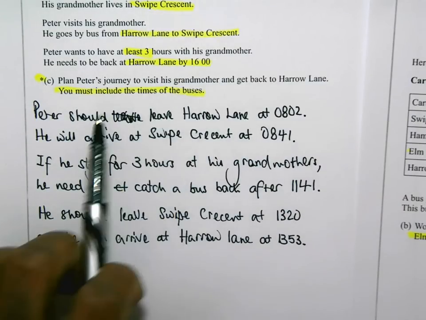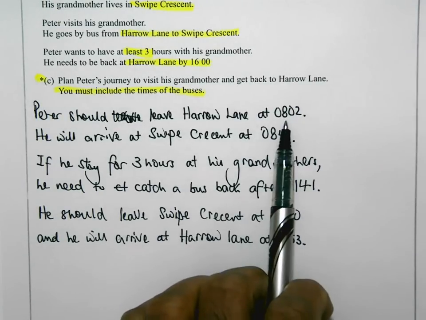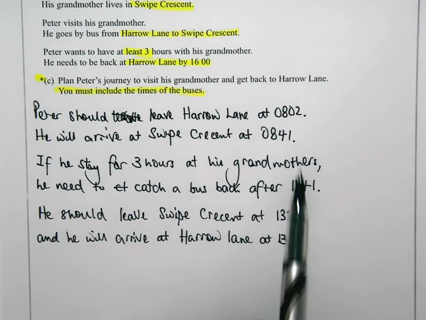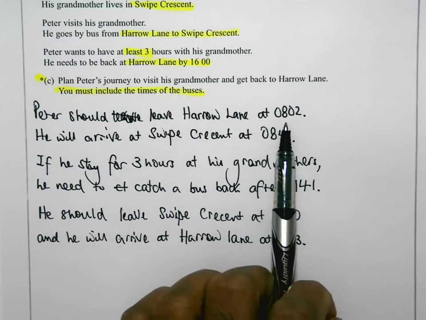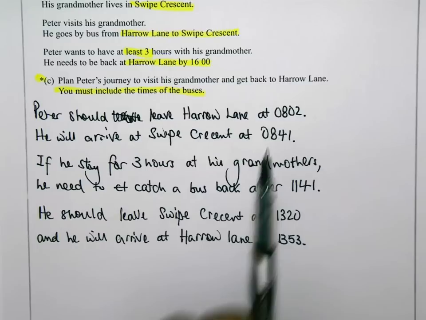You need to give the timings. You need to give the fact that he leaves Harrow Lane, he arrives at Swipe Crescent, he stays there for 3 hours, and then he leaves Swipe Crescent, he arrives at Harrow Lane. I'm actually going to put in an extra bit.